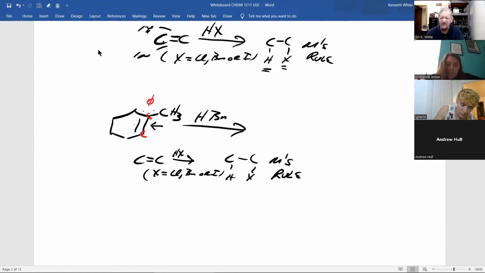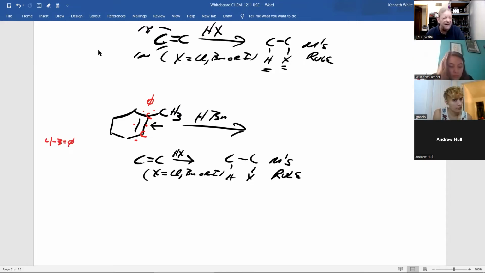Otherwise known as bonds. I'll let you figure it out and then I'll tell you. And the answer is 1, 2, 3. So there are 3 bonds, but there should be 4 bonds to carbon.